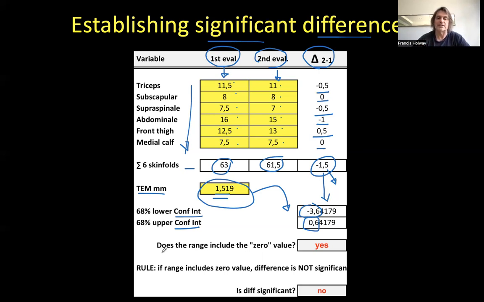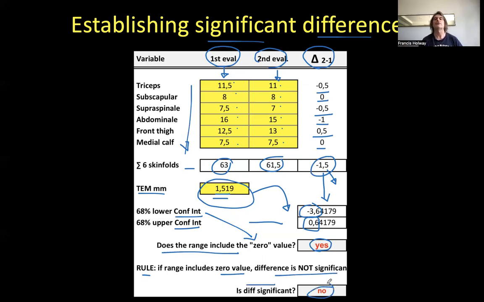So the question is, does the range of the confidence interval include the 0 value? And here, yes, it does, because it goes from minus 3 all the way to plus 0.6. And what is the rule? If the range includes the 0 value, the difference is not significant. So is the difference significant?